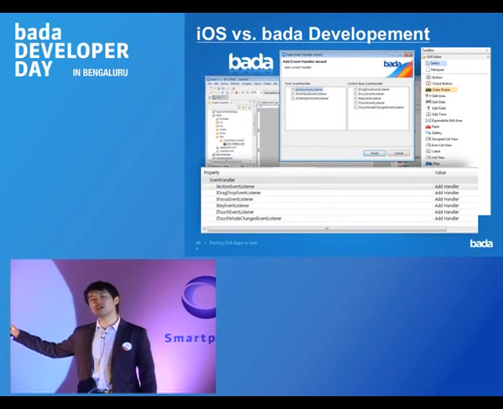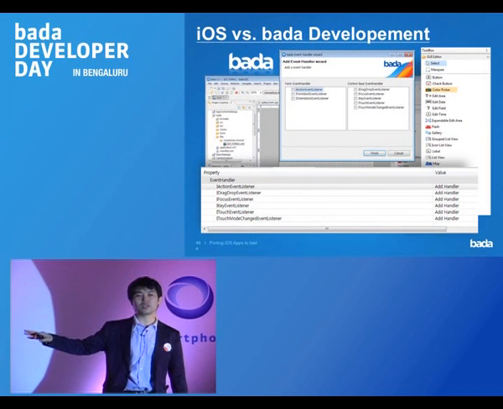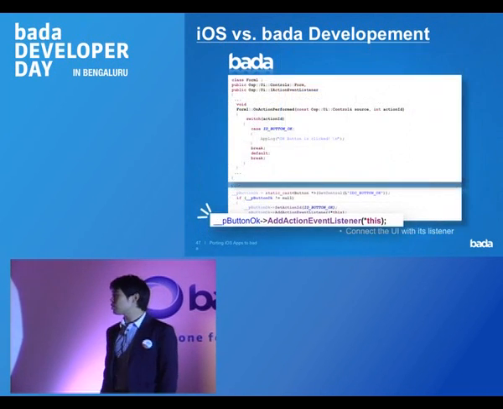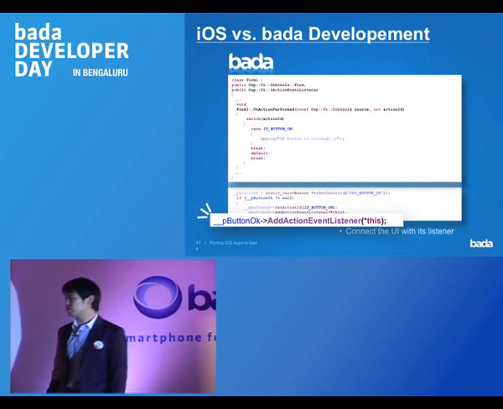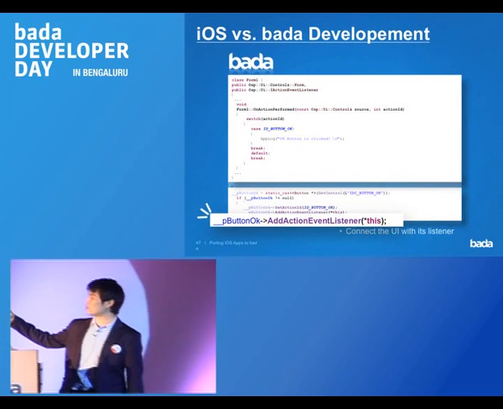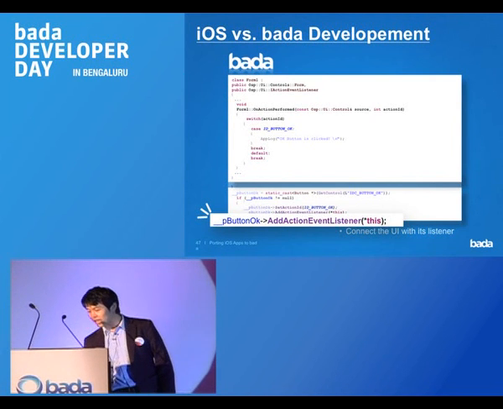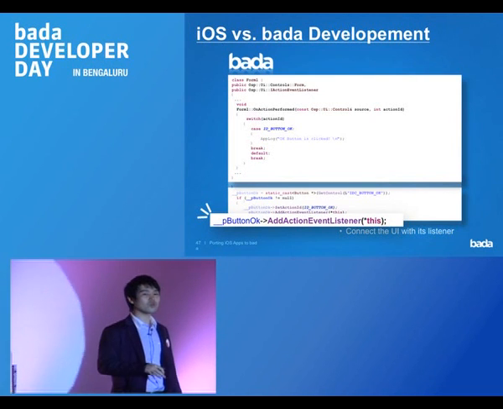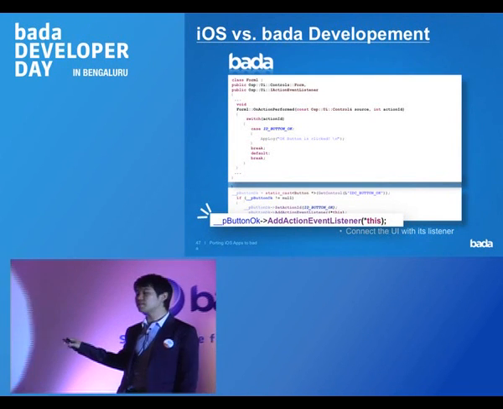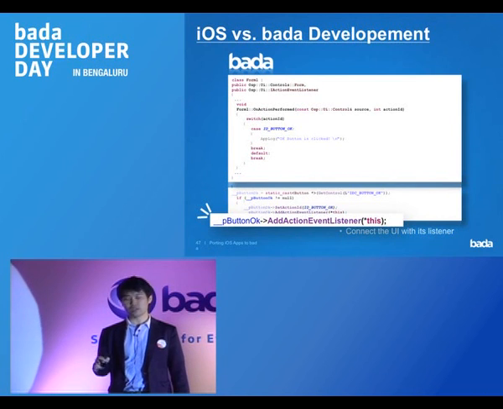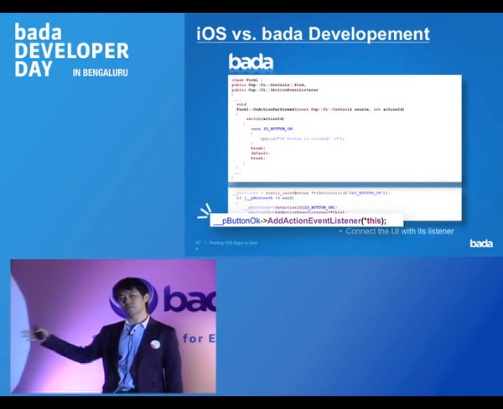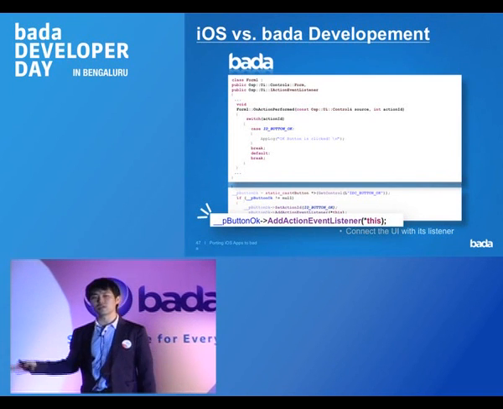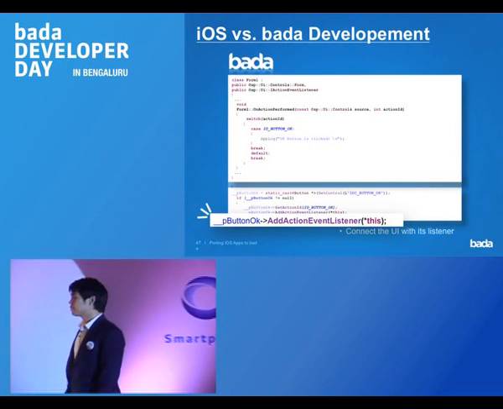With the UI Builder, you can just drag and drop them in the form and design it, and you can add the listeners, put the bada event handler in the widget, or just in the property window. Then you just set what listener you need with the UI Builder. Then this code is automatically generated from your clicking.